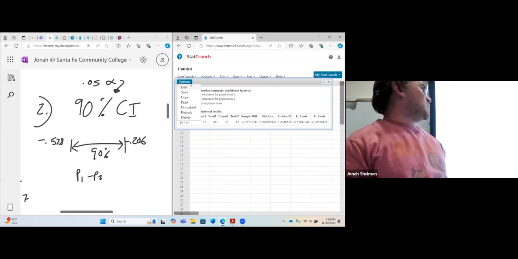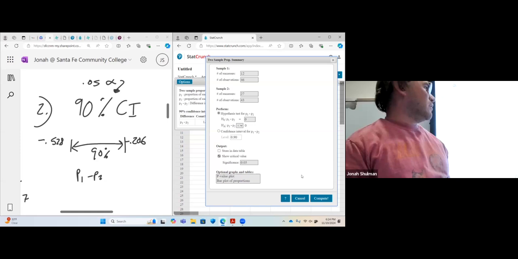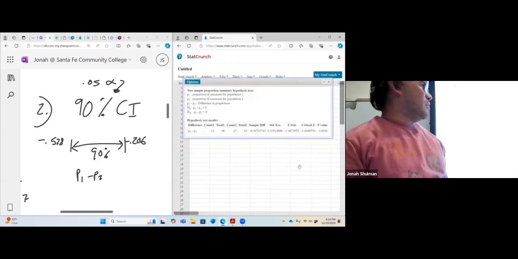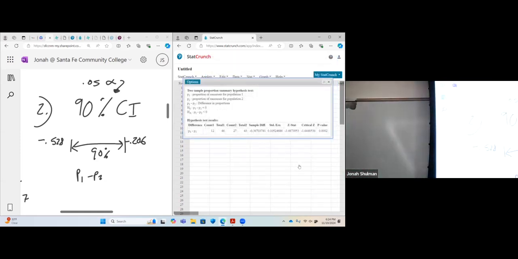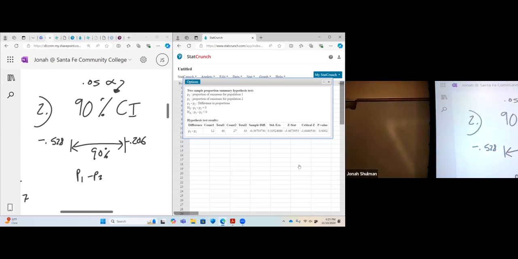If I go to options, edit, and we go back to what we had before, we've got these values, which are a little bit different. How does this 90% range between these two values, the lower and upper limit, give us the same p-value? Anybody have any idea how these are the same?